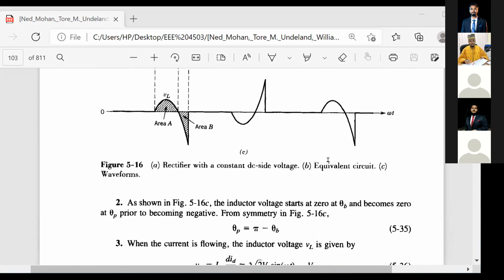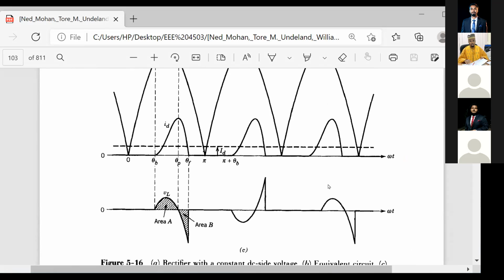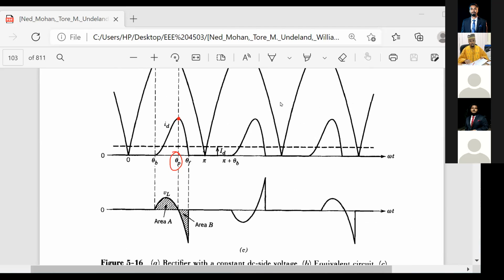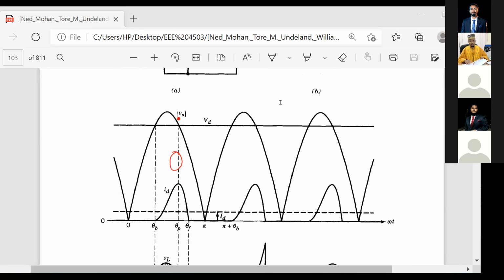Next, we want to find out the theta p. What will be the peak angle? Where the current has the peak value, that we want to find. So, how can we find out? It is very easy because from trigonometry, if you know theta b, then pi minus theta p will be your pi minus theta b.